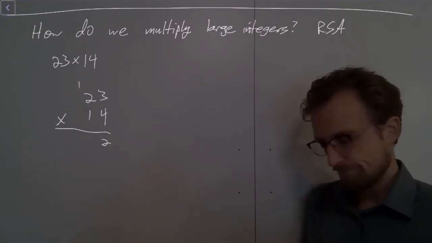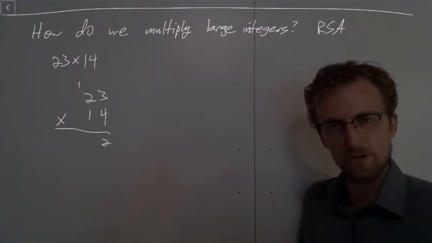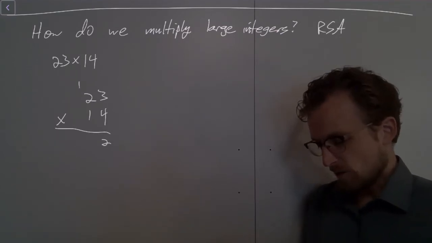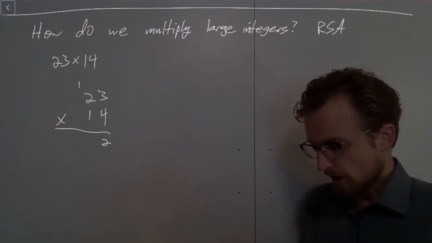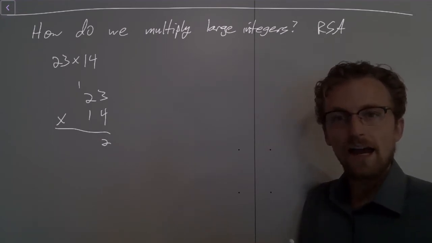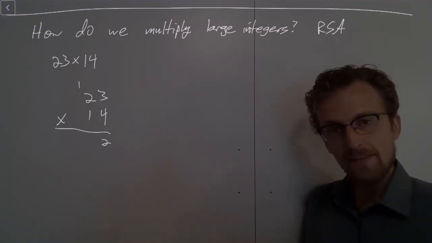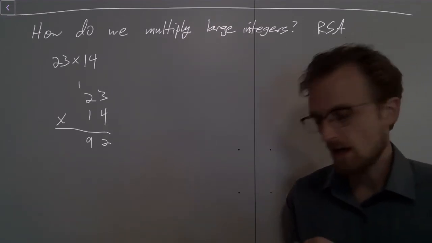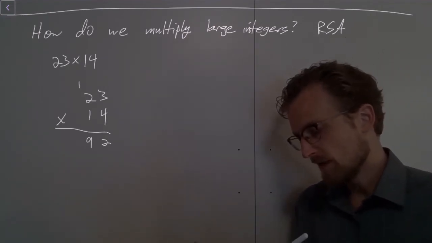up there. So you didn't know you were learning an algorithm when you learned this, but this is an algorithm, and it works, right? So 3 times 4 is 12. I got the 1 there, I got the 2 there. 2 times 4 is 8. I add that 1, and so now I have 9 there. Okay, so then I take 1 times 3, and that gives me 3. And then 1 times 2, and that gives me 2.